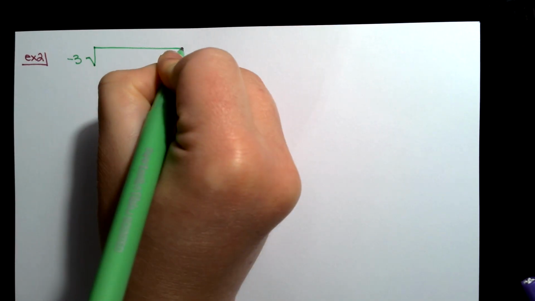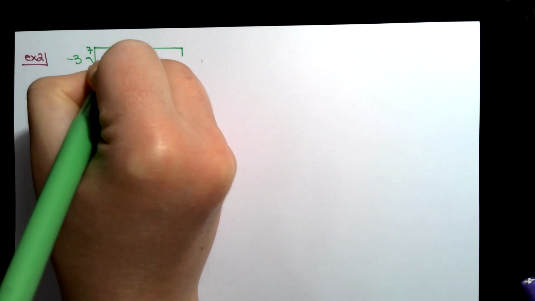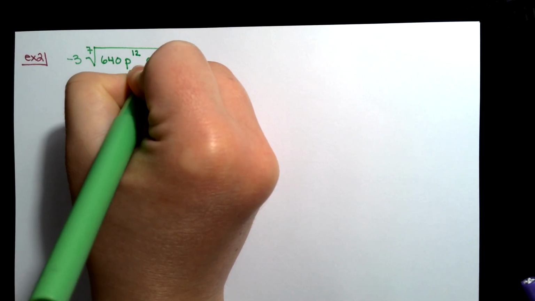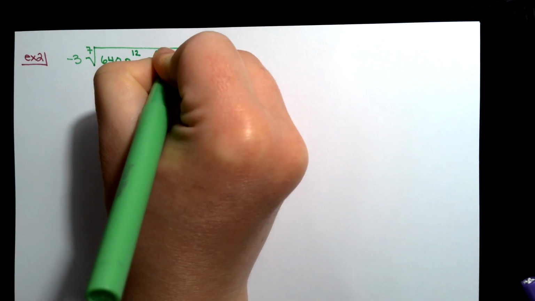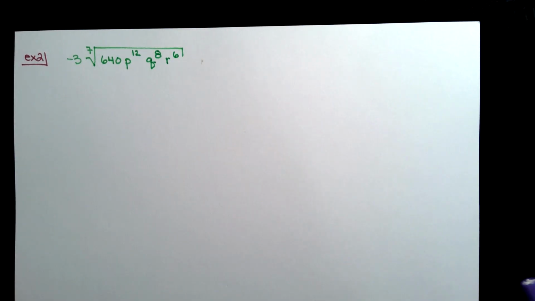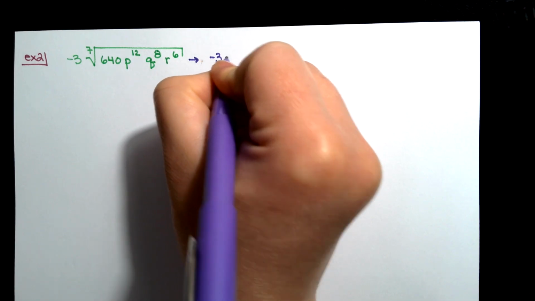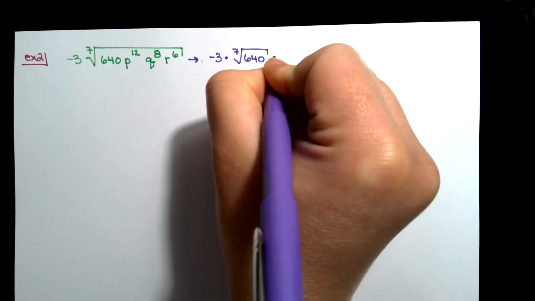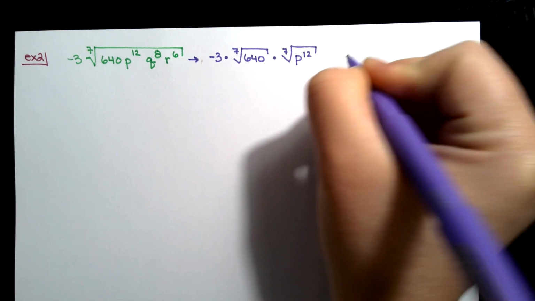I have -3, the 7th root of 640, p to the 12th power, q to the 8th power, and r to the 6th power. First thing you're going to do is split everything up into multiplication. Remember that you do have a 7th root on this one, so everything has to have an index of 7.